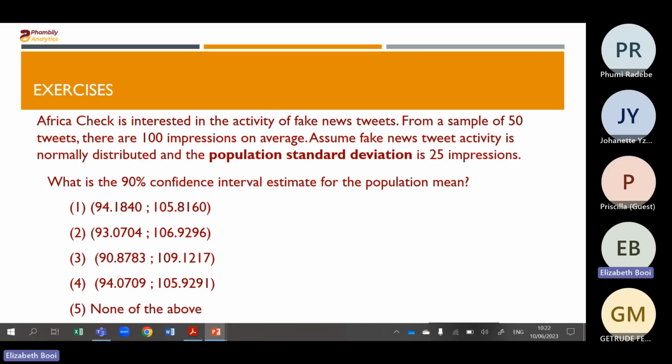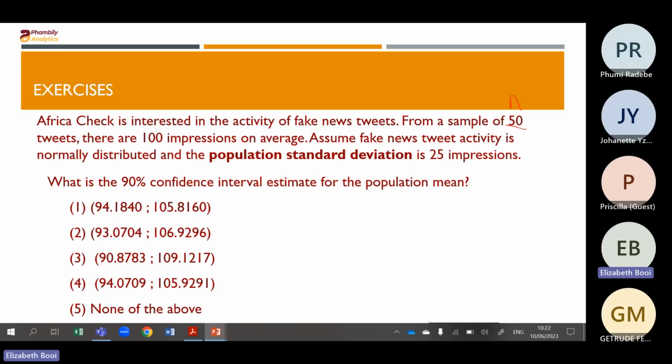Now, the first question you ask yourself, what is it that they have given you so that you are able to answer this question? In the exam, they will not highlight some of this like I bolded this word. So it will just be a normal sentence. But you need to make sure that you understand what is it that they have given you from a sample. So therefore, already they are telling us that the sample size is 50.